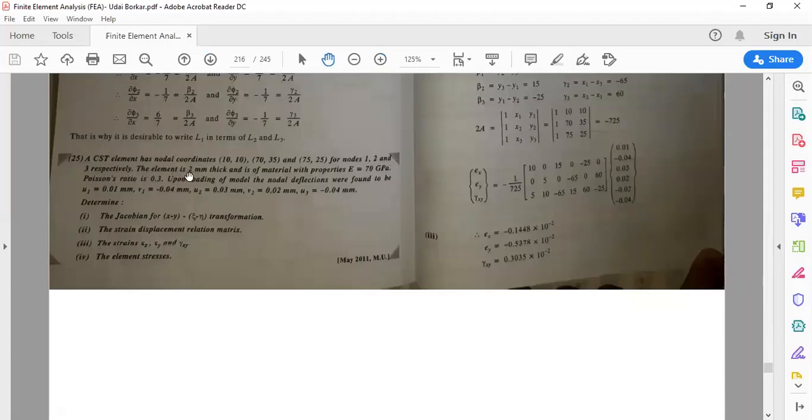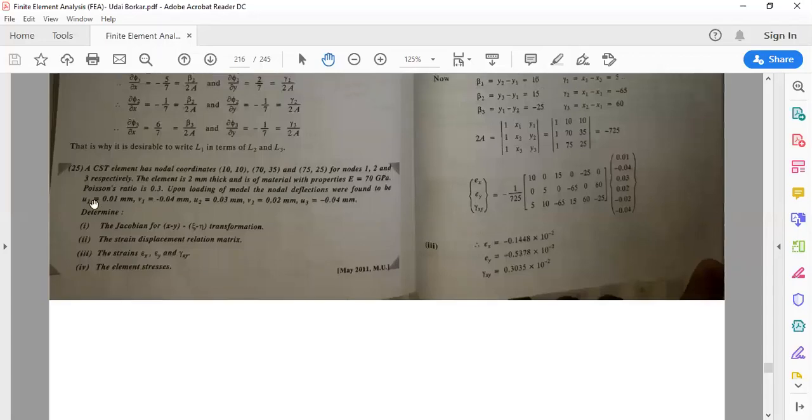The element is 2 mm thick and the material has Young's modulus E equal to 70 gigapascal. Poisson's ratio is 0.3, and upon loading the model, the nodal deflections were found to be U1 equal to 0.1. These are displacement values. This is x, this is y, this is x, this is y, and again you have to find the y values over here.